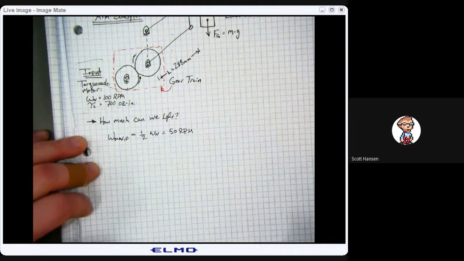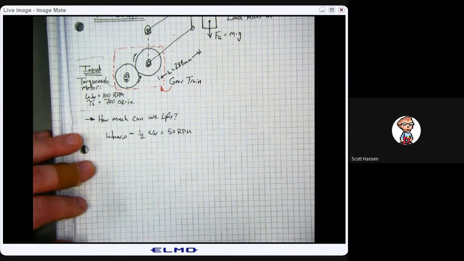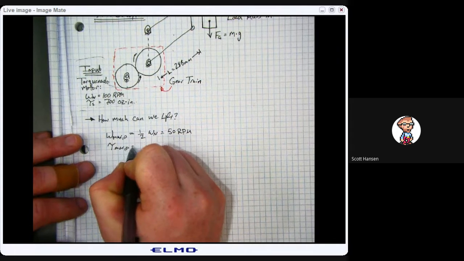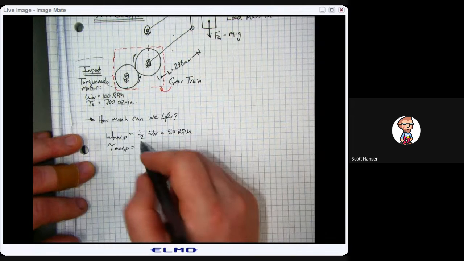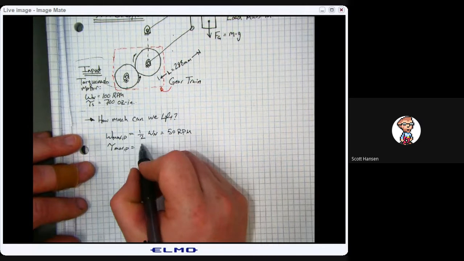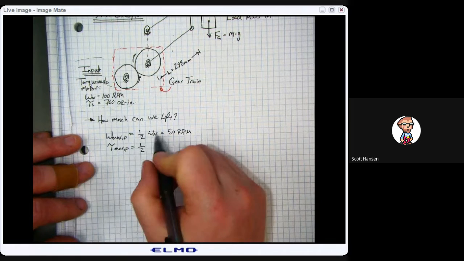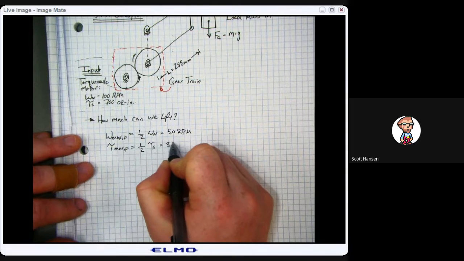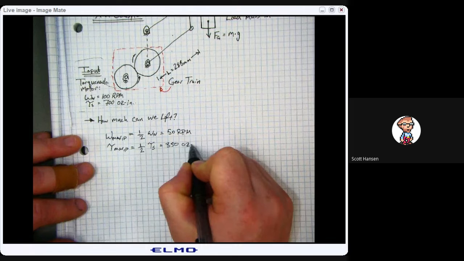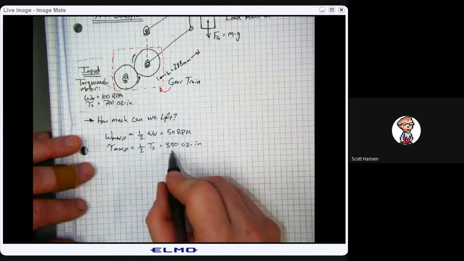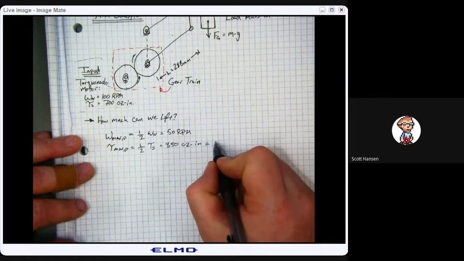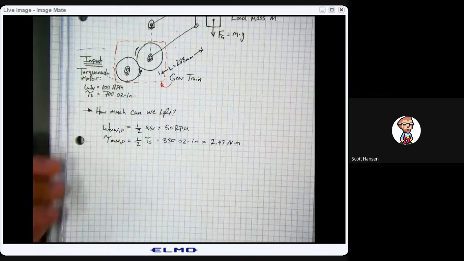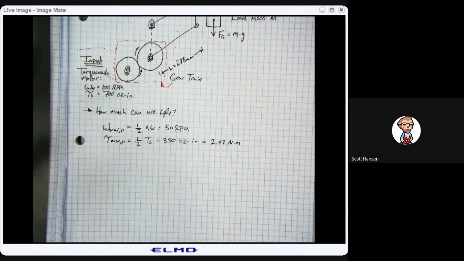That's what I would use if I'm operating this motor at max power, and the same goes for the torque at max power. This is the analysis we did on Tuesday; there's a set of notes posted on Google Classroom. The torque at max power is half the stall torque, which is 350 ounce-inches. I punched that into Google, and that is the equivalent of 2.47 Newton meters, so we'll stick with SI units for my calculations.